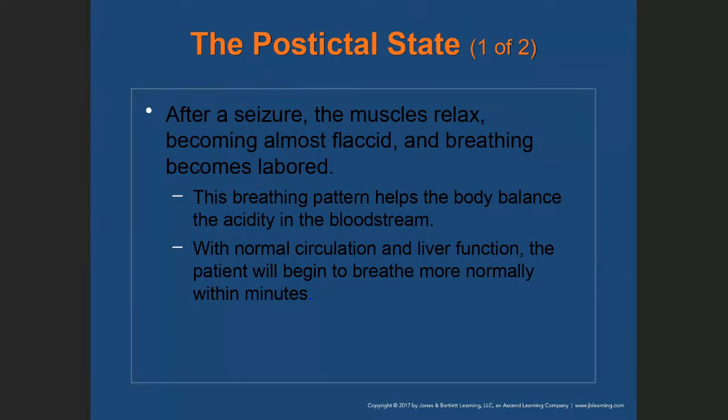This breathing pattern helps the body to balance the acidity in the bloodstream. With normal circulation and liver function, the patient will begin to breathe more normally within minutes. Now, during the postictal phase is when you will provide most of your management.